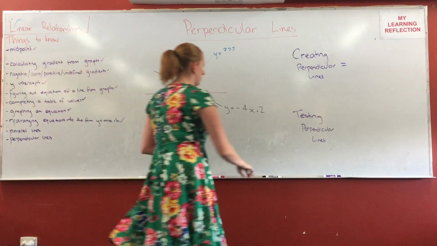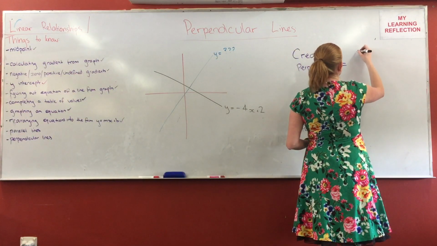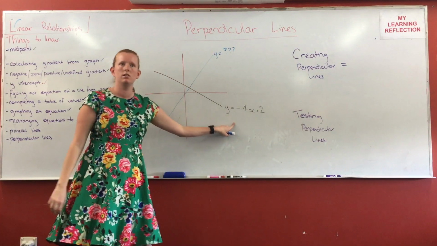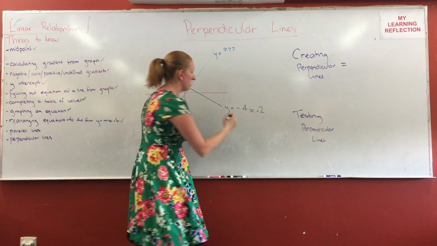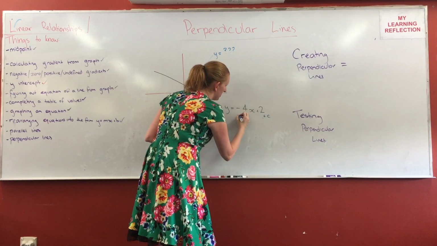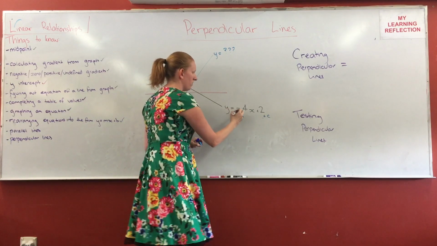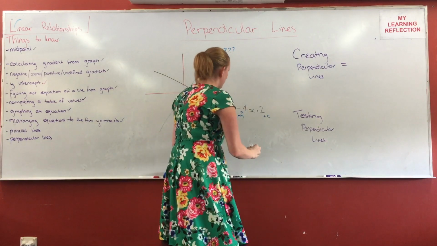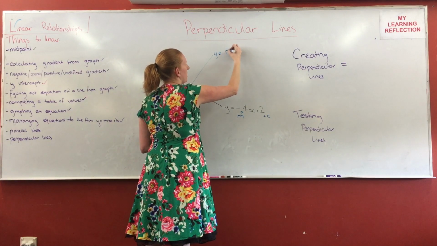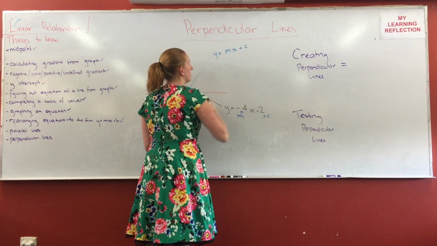The way I do that is, which one here is m? Yeah. No, this is my plus c, that's plus c, this is m. Yeah, my negative 4 is m. So here I'm trying to create one that's y equals mx plus c.